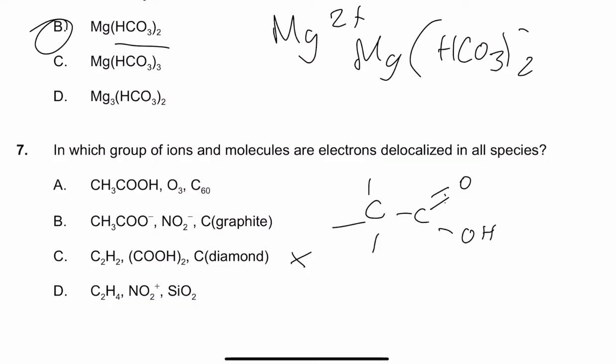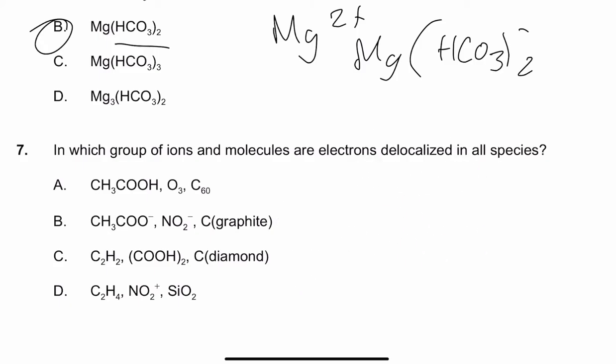This double bond doesn't actually show resonance. It's just a double bond because this O is connected to an H. It's in a different environment than this O, so we can't resonate to this double bond like that. That's not possible. So this does not have delocalized electrons.